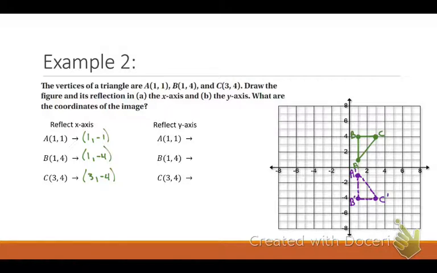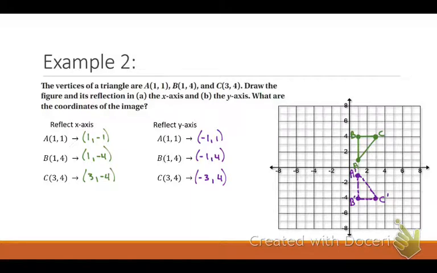Okay, so to reflect the y-axis, you do the opposite of x. -1 up 1, -1 up 4, -3 up 4. All right, so I'm going to change my color again. Let's see, I'll use red.